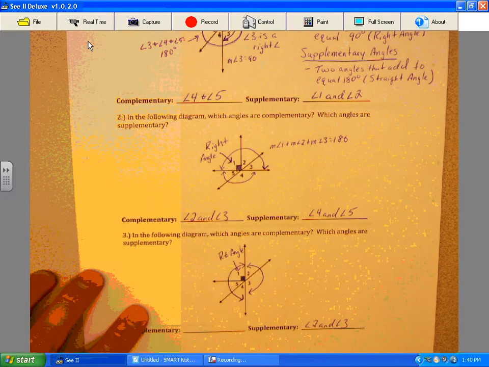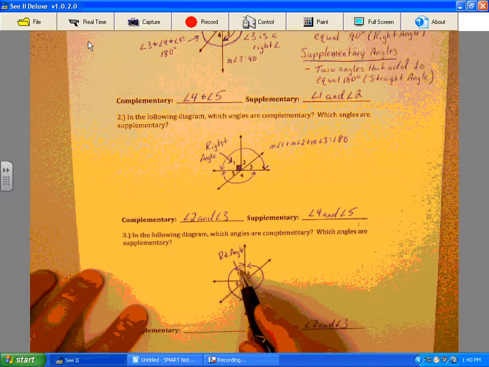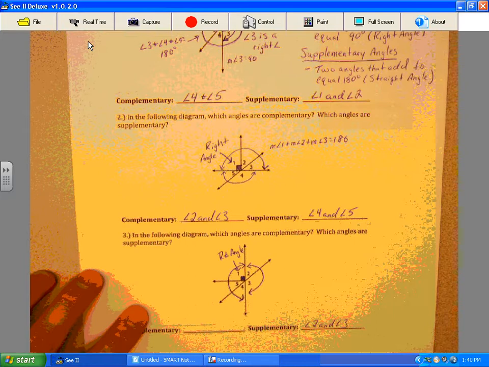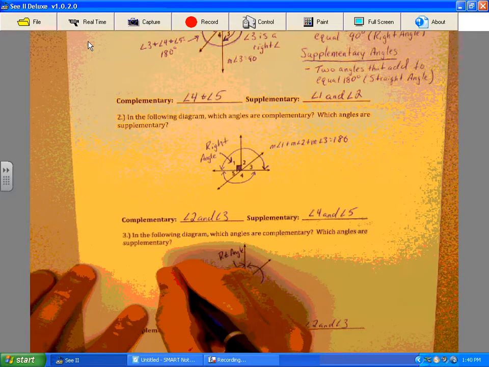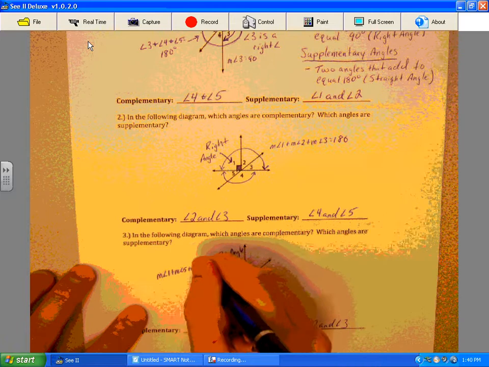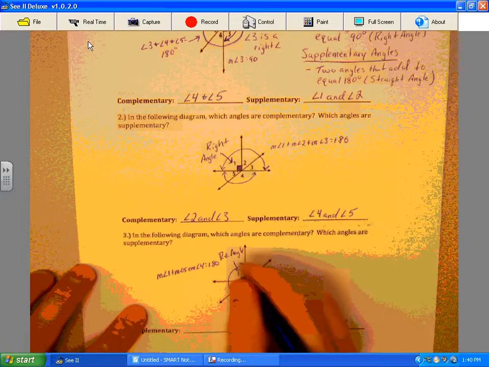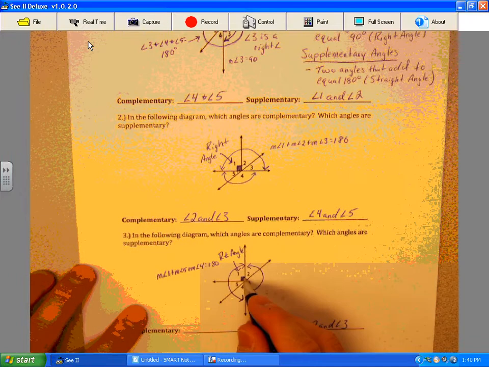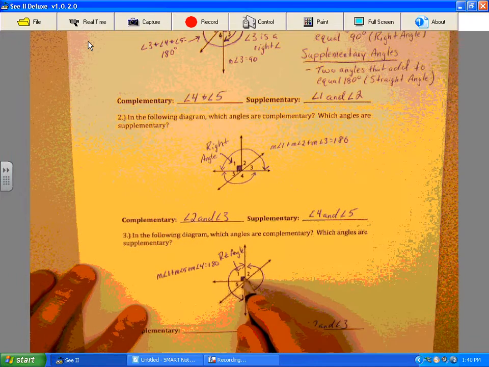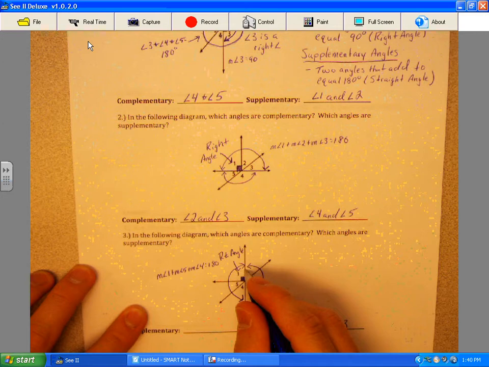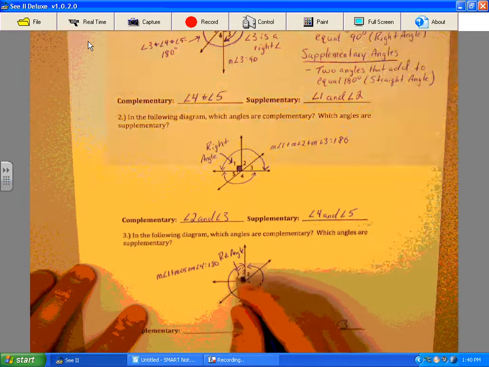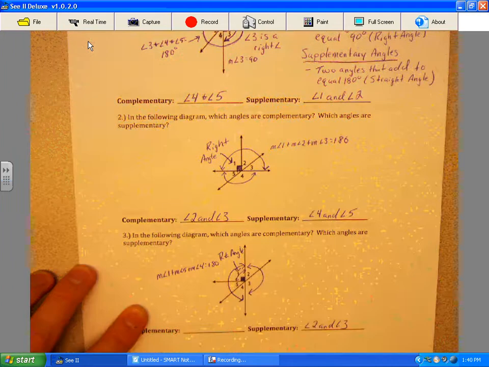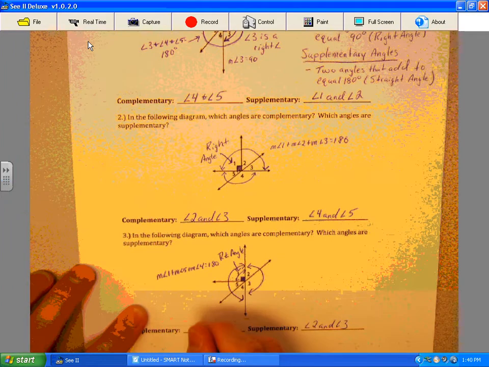And since 1, 5, and 4 form a straight angle, that means that the measure of angle 1 plus the measure of angle 5 plus the measure of angle 4 is going to equal 180. And if angle 1 is a right angle, that means its measure is going to be 90 degrees. So that means 5 and 4 must also be 90 degrees. So those would be your two complementary angles.